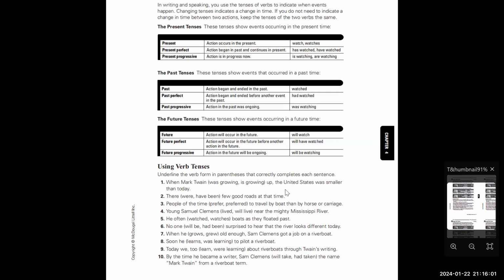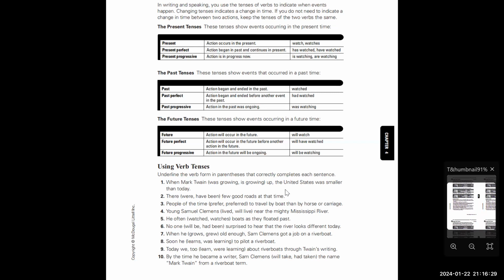Okay. First clue there is "of the time." It's different from "at that time." "At that time" means in the past. "People of the time" means now. That's the difference. And also, if you don't understand "of the time," there's another clue if you understand the sentence: to travel by boat than by horse or carriage.